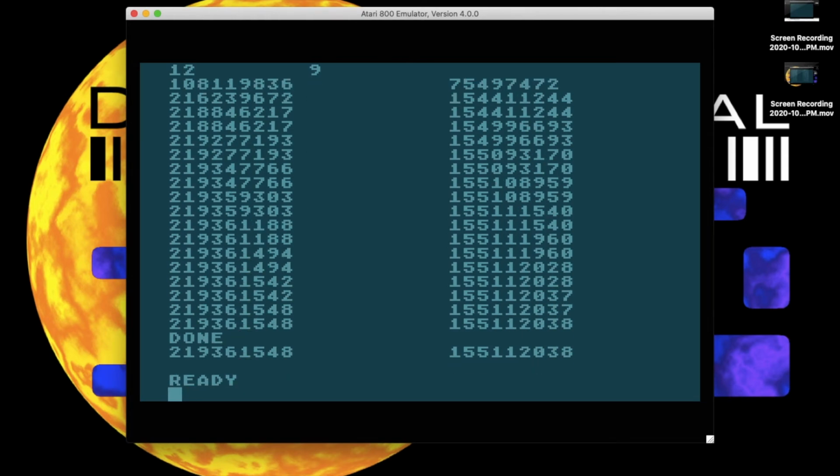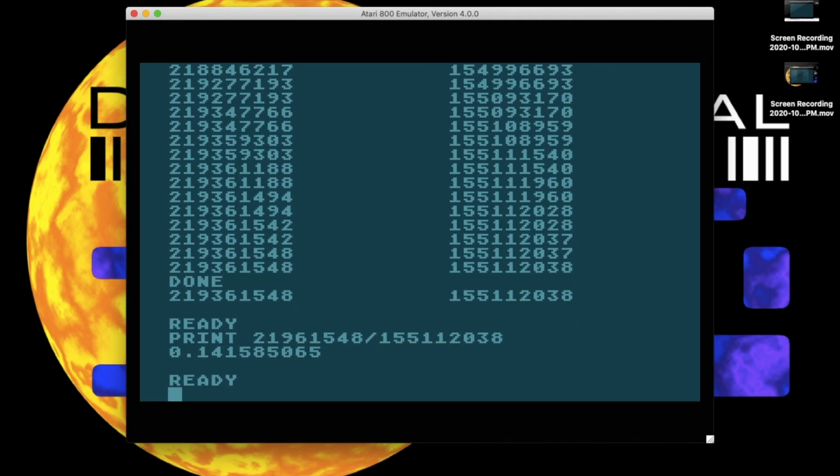Yep, found it. Looks like we have integers. Woohoo! Does it work? 2,196,1548 divided by 1,551,1203 8. 1 point.